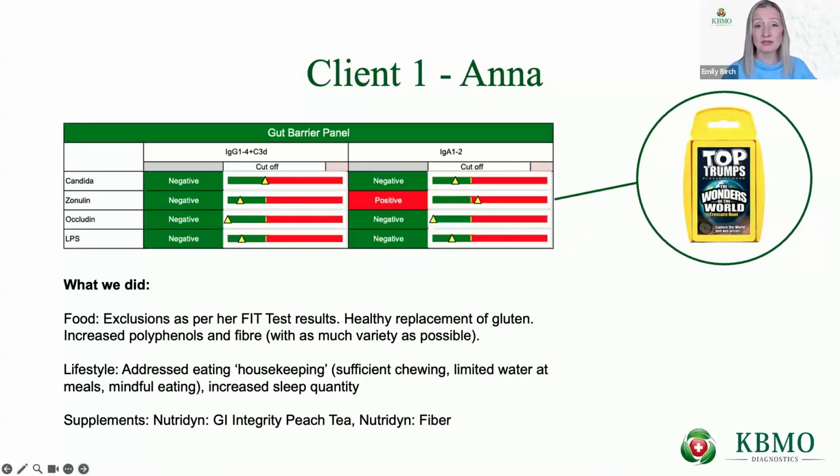In terms of supplements, we did give her a couple of supplements. She had the ones that you can see on screen there, both from Nutrigyne, GI Integrity Peach Tea and fiber. So again, we've got a supplement to support that gut barrier and that positive zonulin antibody response. And we've also introduced a little bit more fiber as well.